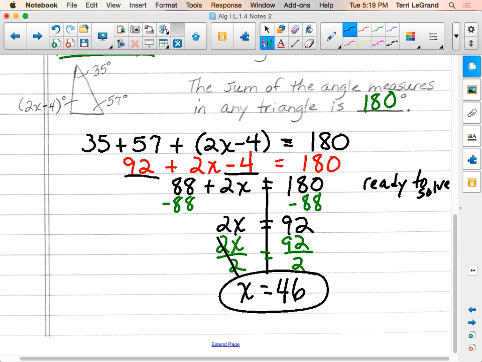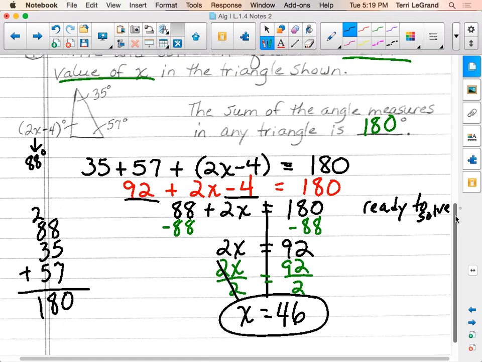So if we add 88 and we add 35 and we add 57, do those add up to 180 degrees? 8 plus 5 is 13, add 7 more is 20, 2 plus 8 is 10, plus 3 is 13, plus 5 is 18. Looks pretty good.